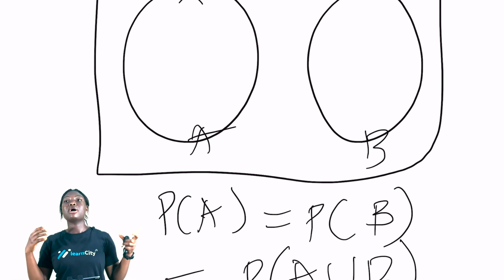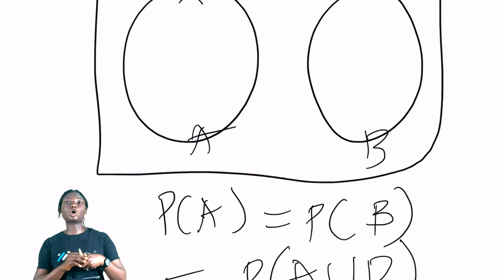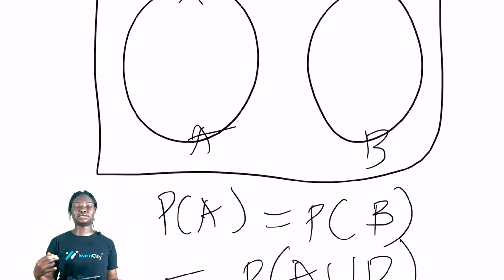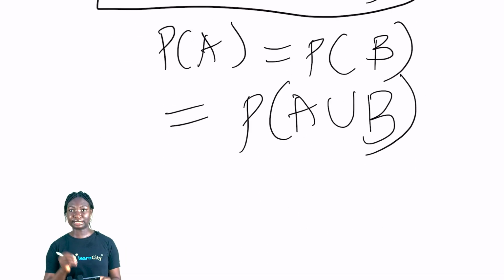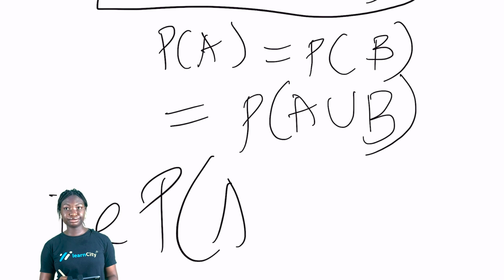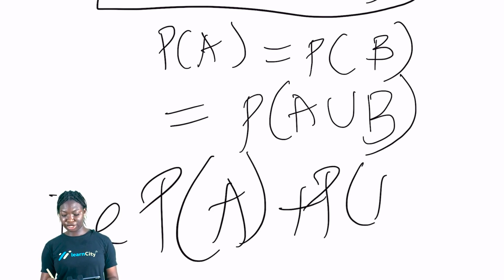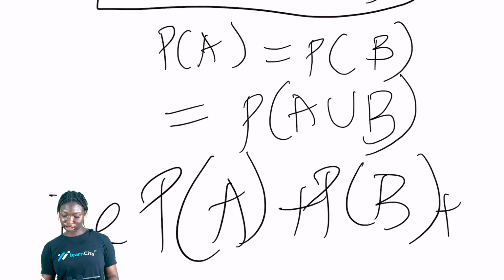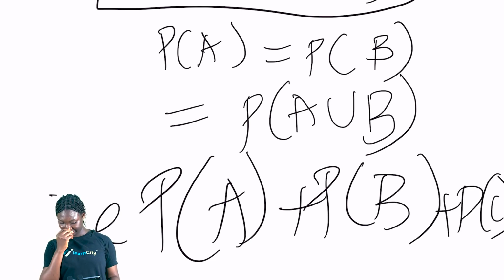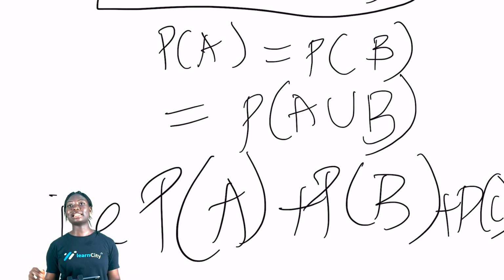So the probability of A or B or C happening is P of A plus P of B plus P of C. This shows that they are mutually exclusive under addition law.